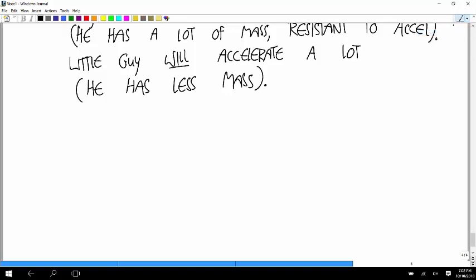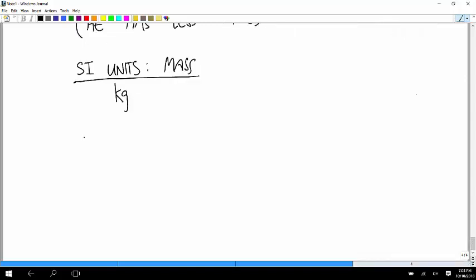The SI units for mass are kilograms. And one thing to notice about mass is that mass is a positive number.